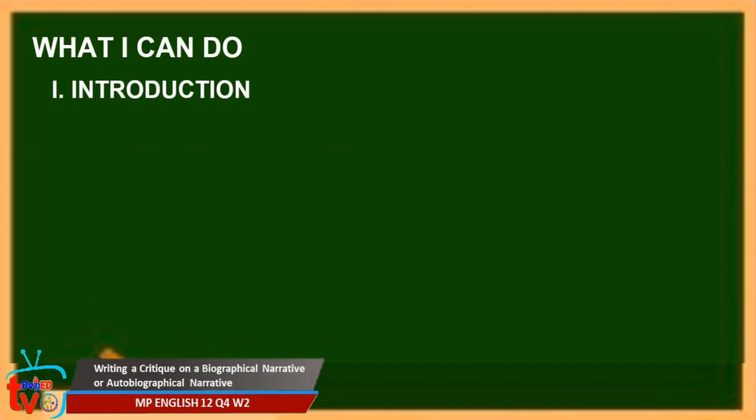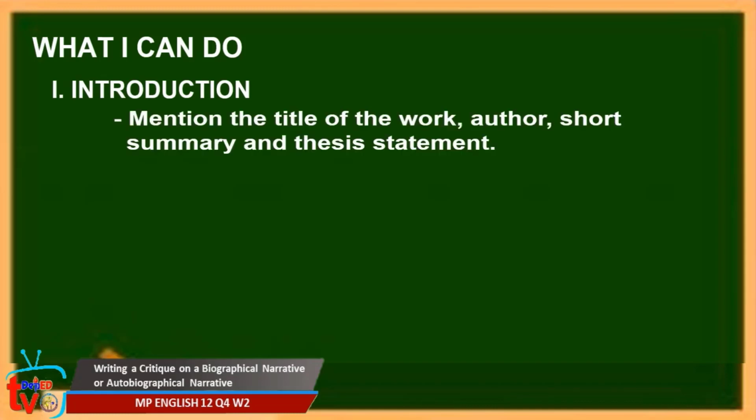In your introduction, you're going to mention the following: the title of the work, the author, a short summary of the text which may be 1 to 3 sentences, and your thesis statement which talks about your personal reaction to the text. Be reminded that the thesis statement is what you will be explaining in the body.